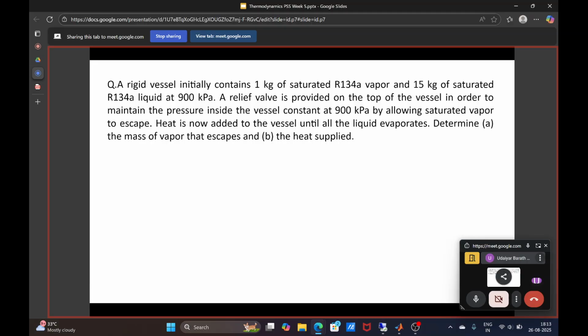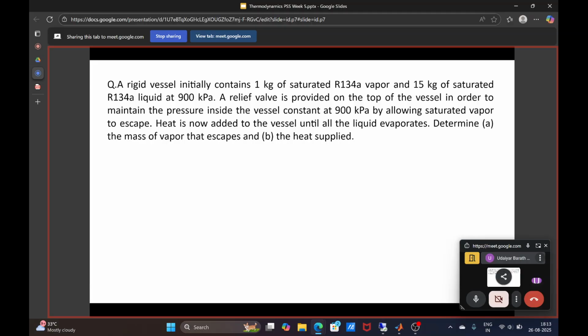So you are adding heat. Since the volume is constant, both pressure and temperature will rise. To keep the pressure constant, you need to remove some saturated vapor. You are reducing mass, so some amount of saturated vapor is left out.